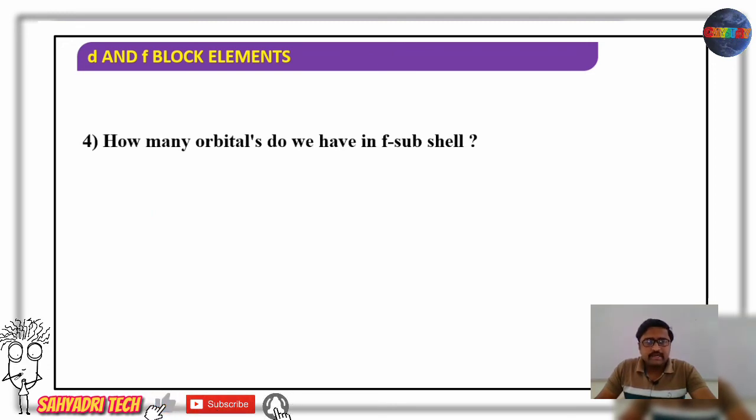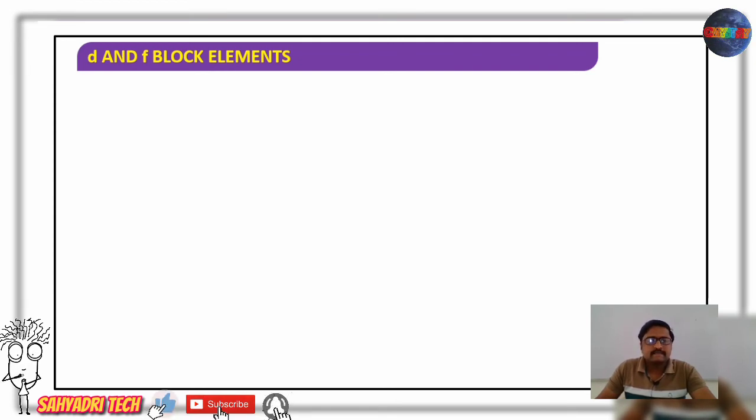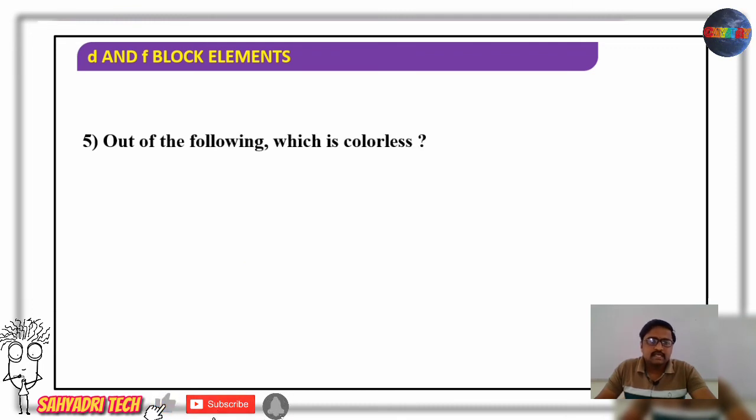Next, how many orbitals do we have in the f subshell? 3, 5, 7 and none of these. What is the answer? There are 7 orbitals present in an f subshell. Next one, out of the following which is colorless, they are asking.